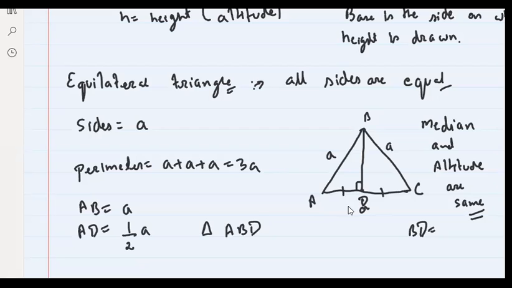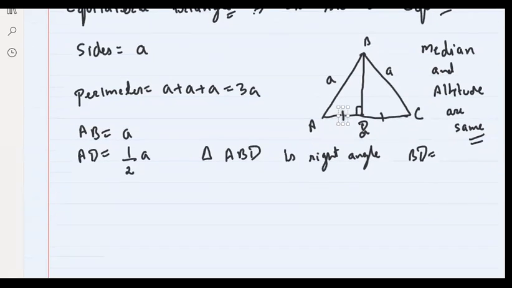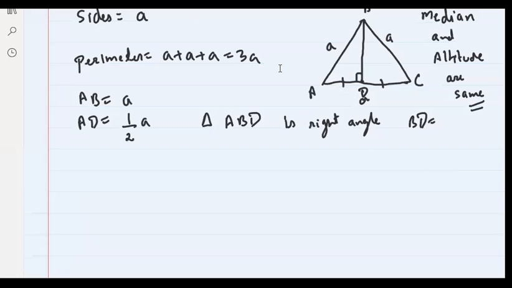So triangle ABD is a right angle triangle. Yes or no? Agree everyone?